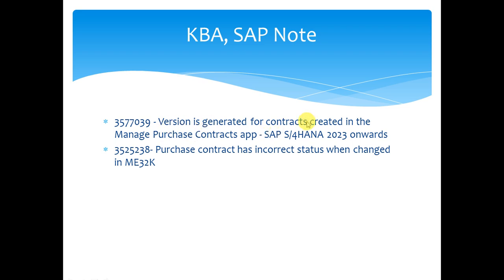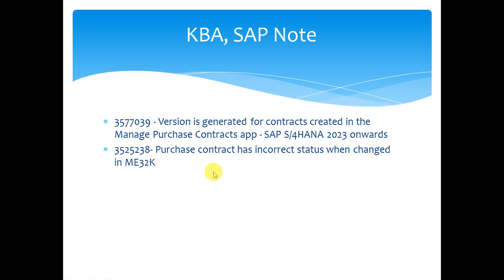Version is generated for contract created in Manage Purchase Contract application, SAP S/4HANA 2023 onwards. And the second document, purchase contract has an incorrect status when changed in ME32K. In this document it is clearly mentioned that if we change through the ME32K transaction a contract which is created in the Fiori app, it will trigger an incorrect status, and that's why users are facing issues while creating a purchase requisition or purchase order against that contract.